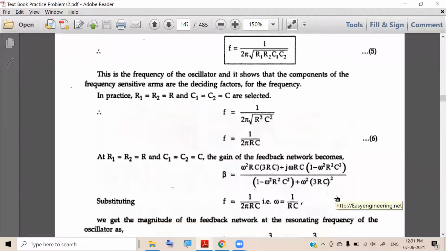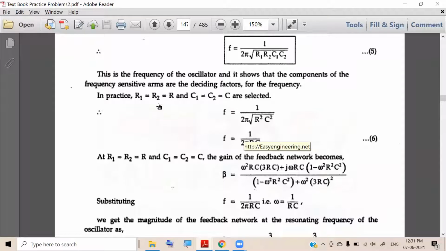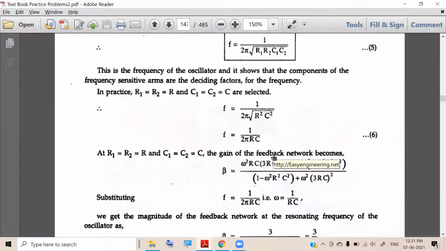Okay, now here just now, when we considered R1 is equal to R2 is equal to R, C1 is equal to C2 is equal to C in the expression of F, we got F is 1 by 2 pi RC. Just now we have seen that.